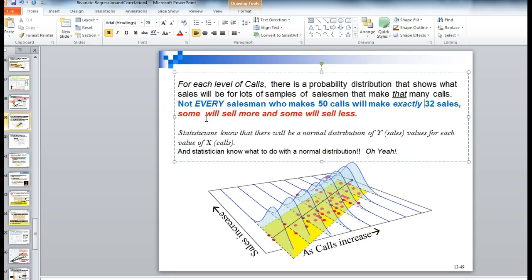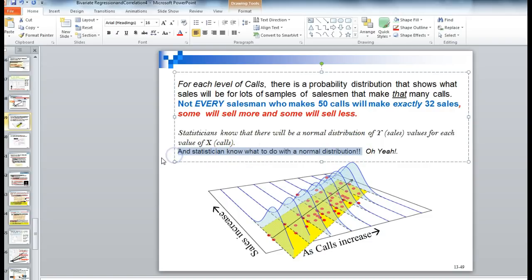But this is what rocks: statisticians know that there's going to be a normal distribution around predicted sales. So for every unit of X, there's going to be a probability distribution of sales. Some guys are going to sell more, some guys are going to sell less. And statisticians know what to do with a normal distribution.